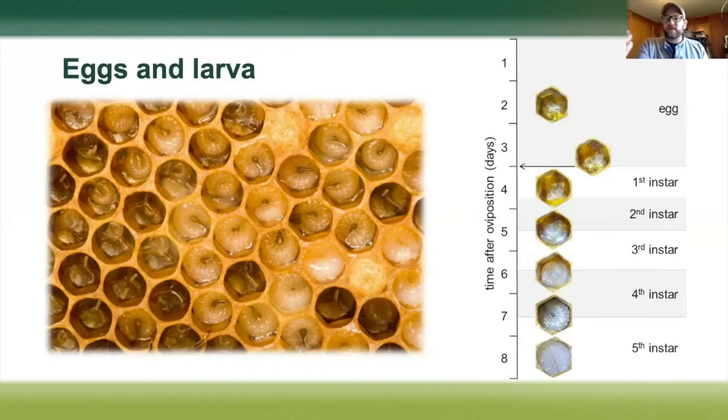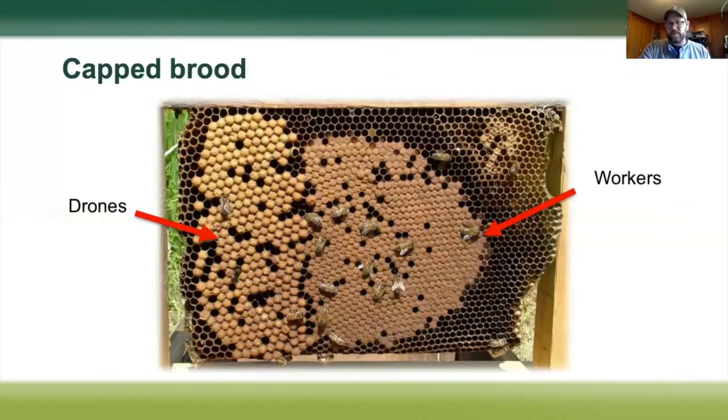What happens from here is that once the brood hits that 5th instar and starts to pupate, it goes through the pre-pupal stage. That's when things get capped. So once it reaches the end of that larval stage, those cells are capped and the larva starts pupation. Pupation is where it changes.